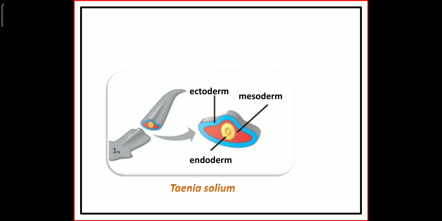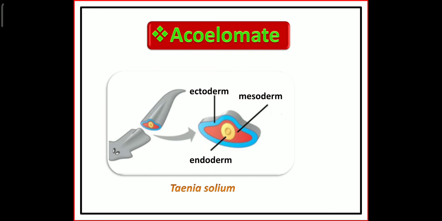Based on the presence or absence of the coelom, animals are classified into three types. The first is acoelomate.